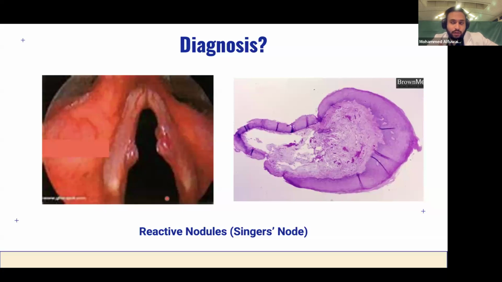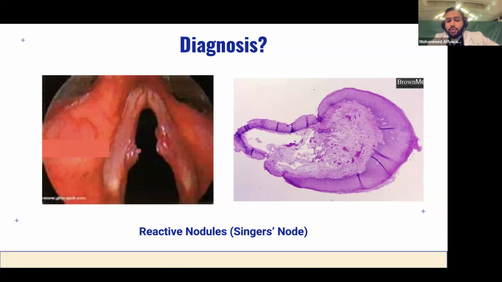And this is for your information: we divide the vocal cords into two segments, anterior 1/3 and posterior 2/3. For phonation, it's the anterior 1/3, the main function. The rest of it is for airway protection, breathing.